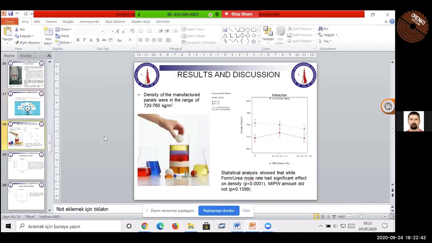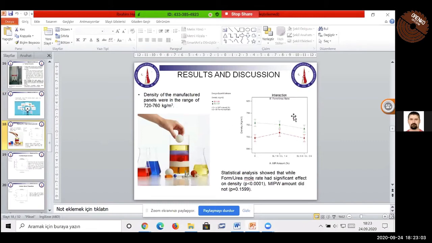And results and discussions. We can see from here the density interaction graphs for our boards. Density of the manufactured panels was in the range of 720 to 760 kilograms per cubic meter.